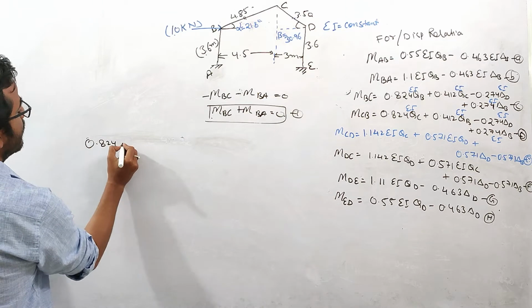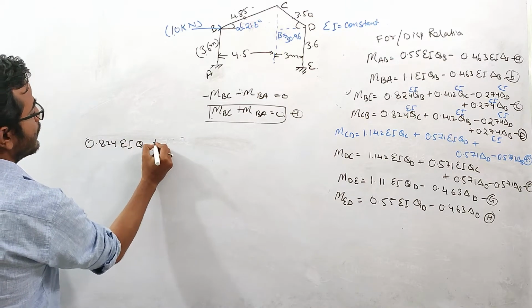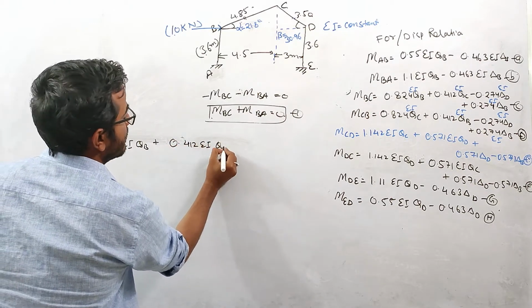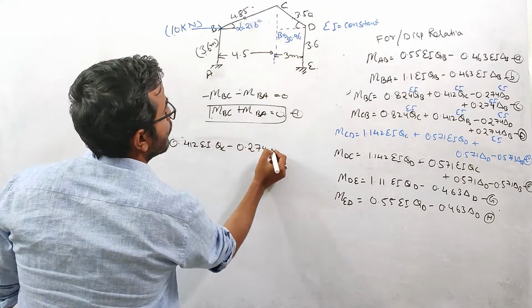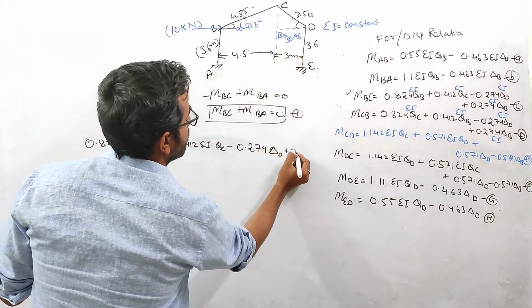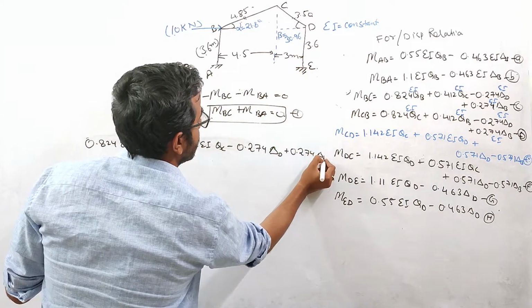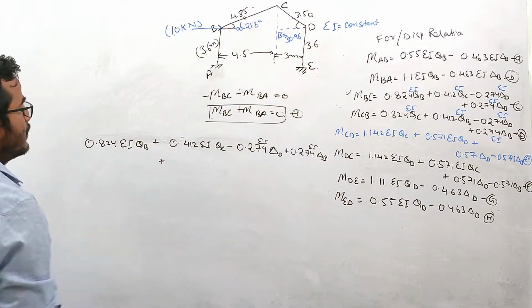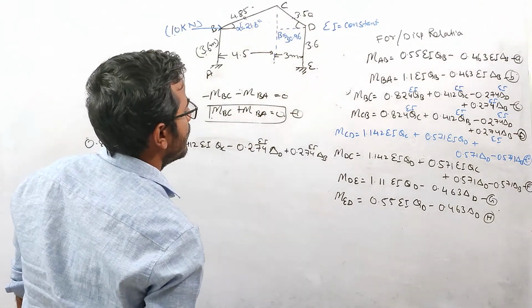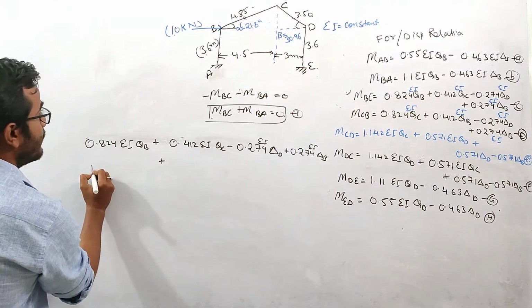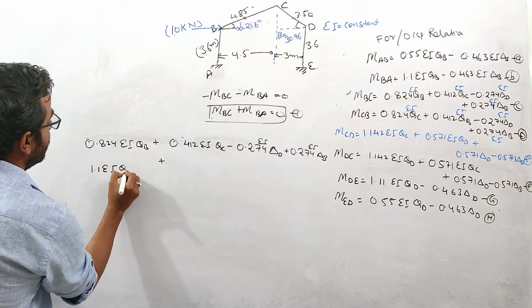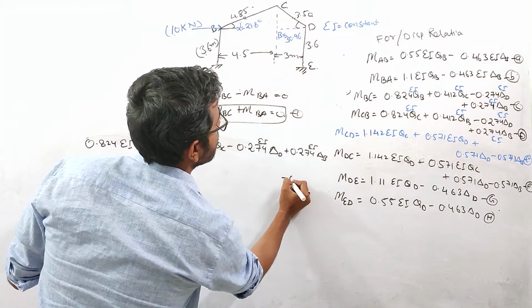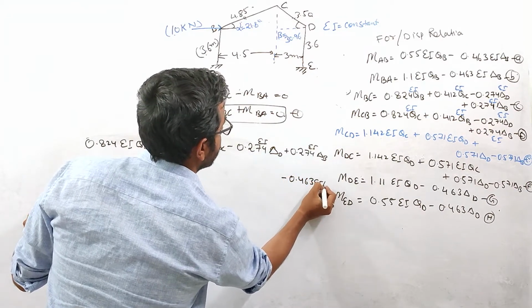This is 0.824 EI theta B plus 0.412 EI theta C minus 0.274 EI delta D plus 0.274 EI delta B. Plus, what is the value of MBA? MBA is 1.1 EI theta B minus 0.463 EI delta B.